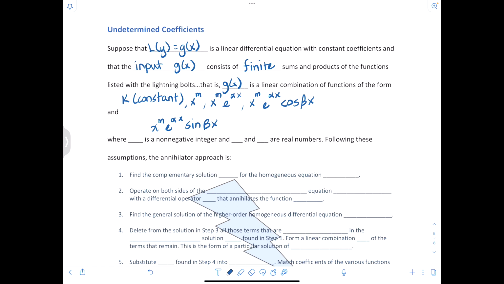Those are all the ones we went over. Where m is a non-negative integer and alpha and beta are real numbers.